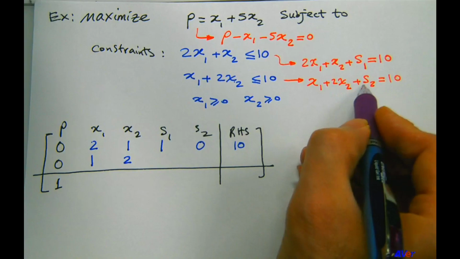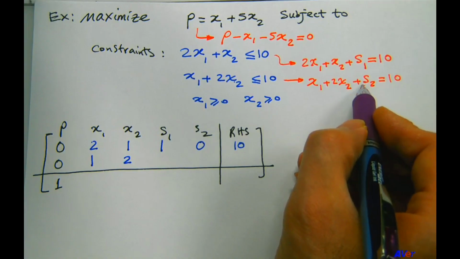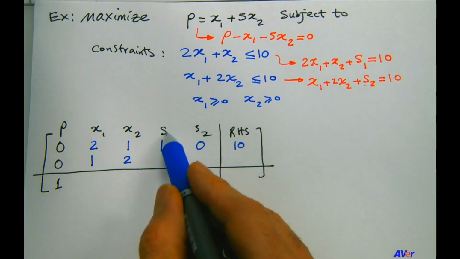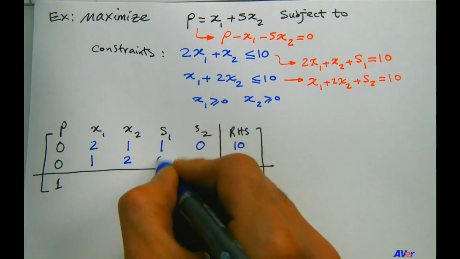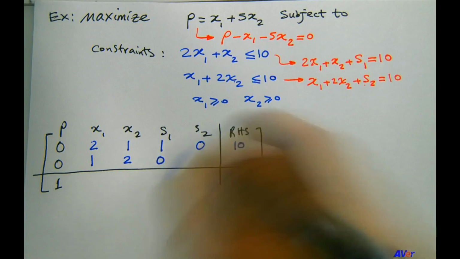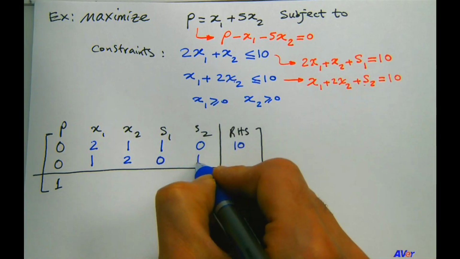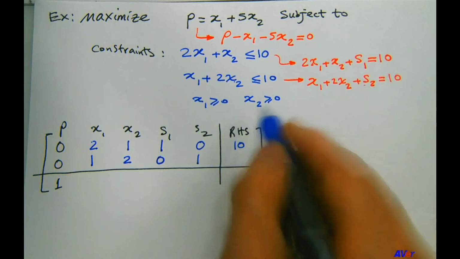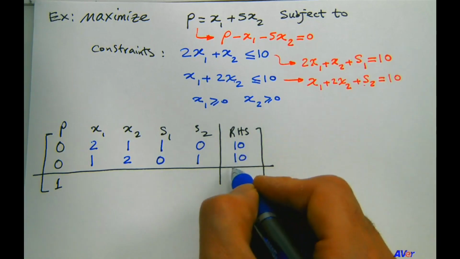So we have s2 here, but no s1. Because there's no s1, the coefficient of s1 in the initial simplex tableau becomes 0. And then for s2, we have 1, right? That's the coefficient of s2. And then the right-hand side, we have 10.